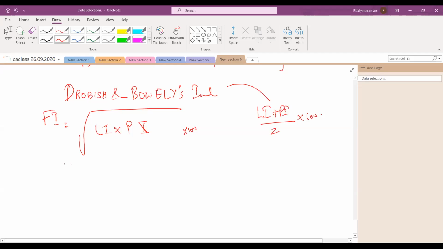Sigma of PnQn, this is 249. Sigma of P0Q0, this is 150. The Paasche's index number is 150. Drobish and Bowley's number is 145.